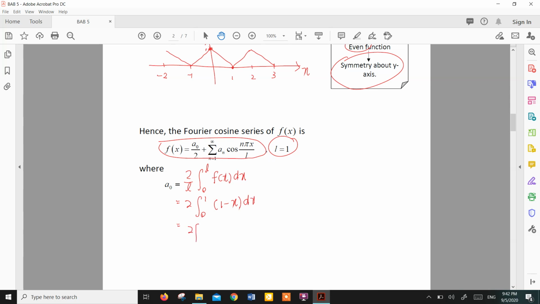So you have 2 times x minus x squared over 2 from 0 to 1, and it is equal to 2 times 1 minus 1 over 2 minus 0.